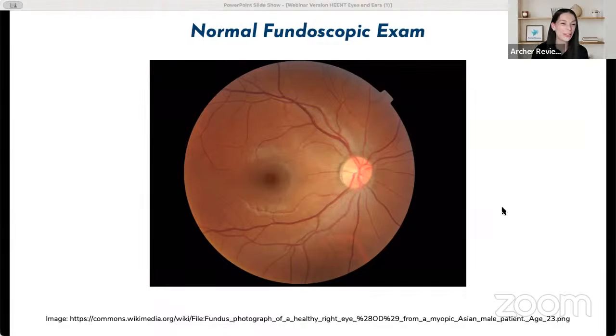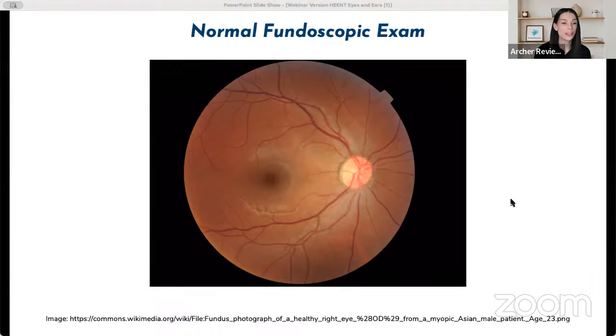So the first thing I look for is that optic disc. And you can see it has that distinct round or oval shape. The optic disc is typically creamy or pink colored, nice and healthy, looks like a little donut more or less, or like an inner tube, something like that. Just really round. Don't want to see any deformities on that, any sort of blurred edges, and definitely no swelling.